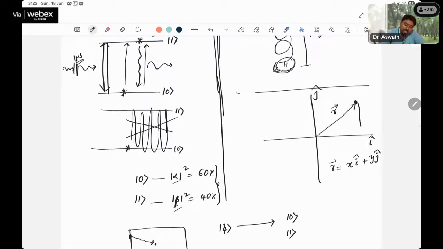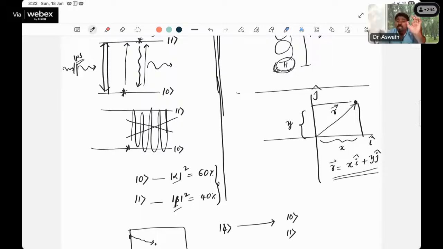The position along the x-axis is given by the x value, and along the y-axis by the y component value. We use the superposition to express how this person deviates from the origin in a two-dimensional fashion. If he's moving in one dimension, we simply give one variable, but this person is moving in two dimensions. That's why I use a superposition.